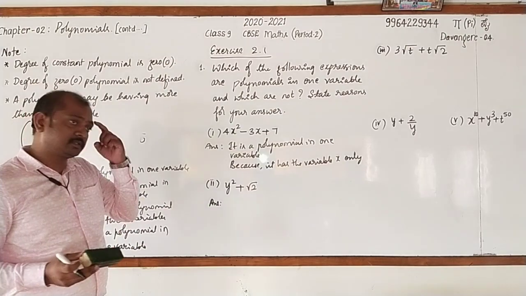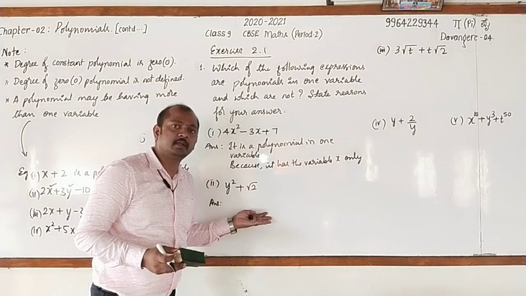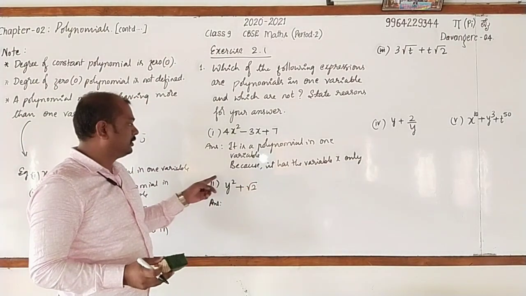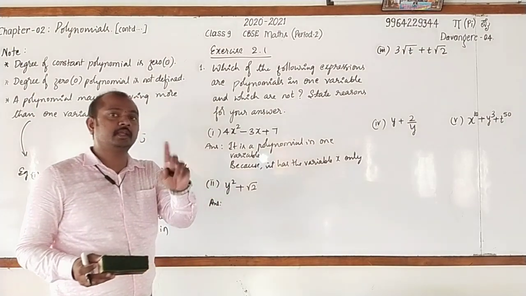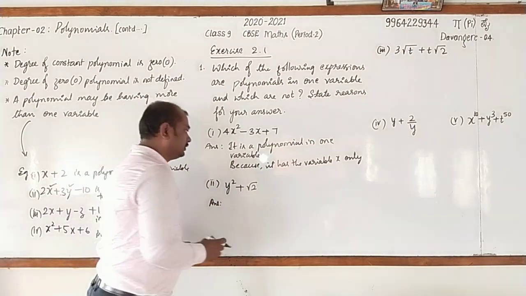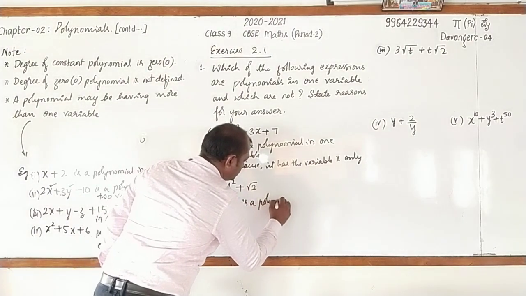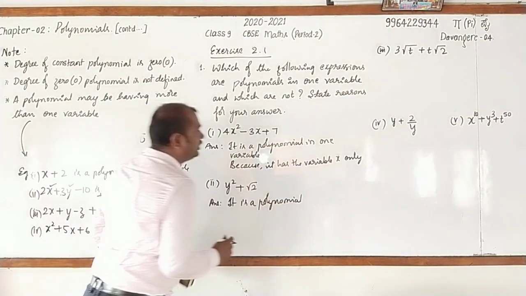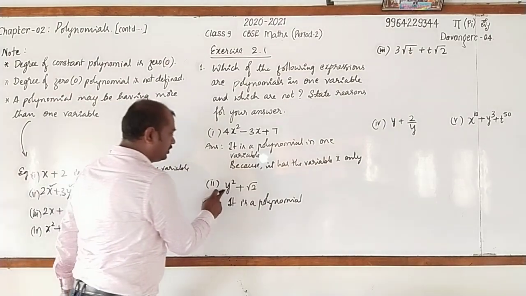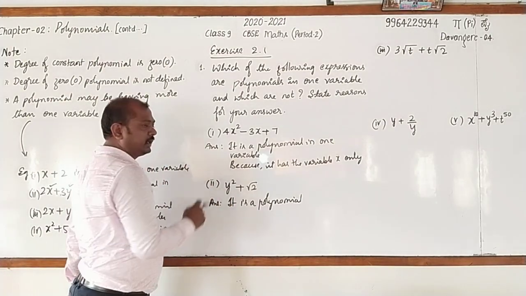Observe this. Second one, y square plus root 2. Is it a polynomial? 100%. Because the power is a non-negative integer or whole number. Therefore, we can write it is a polynomial. Then how many variables are there? There is only one variable, y.